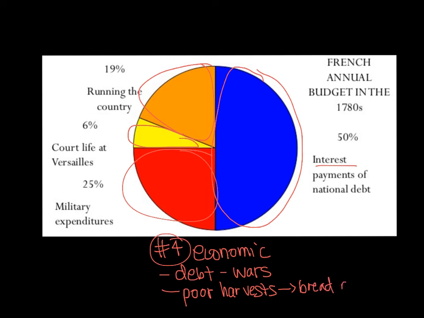And I'm just going to write the term bread riots here because these were an expression of the discontent of the poor. And the poor absolutely play a role in if not starting the revolution, then driving it forward. So there you have it. An overview of the French Revolution and 4 categories of causes.